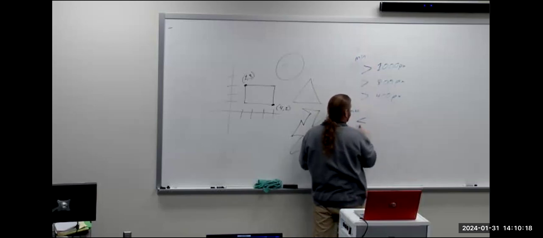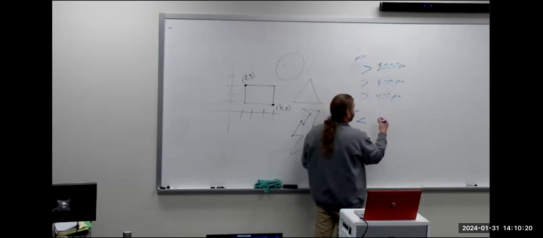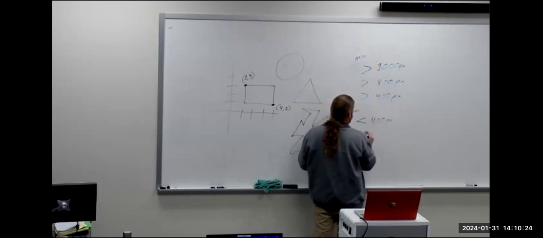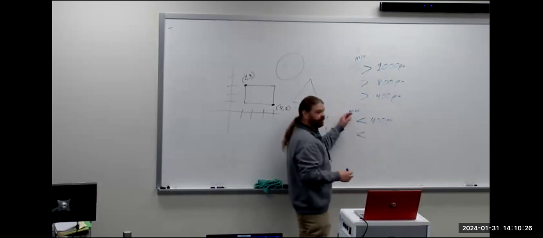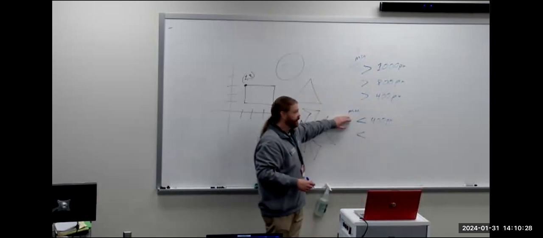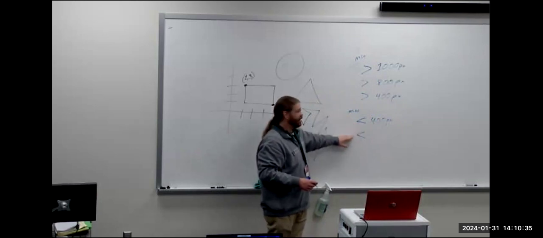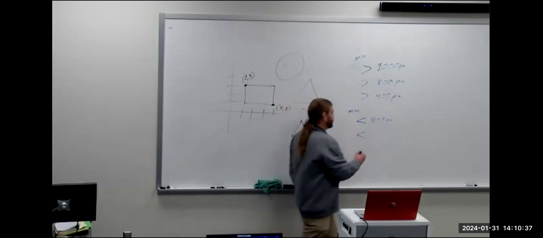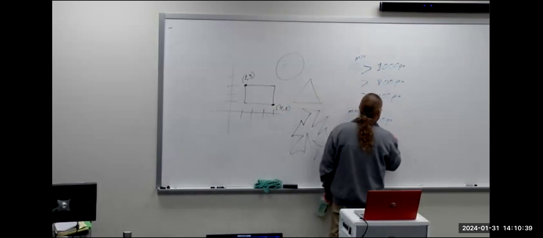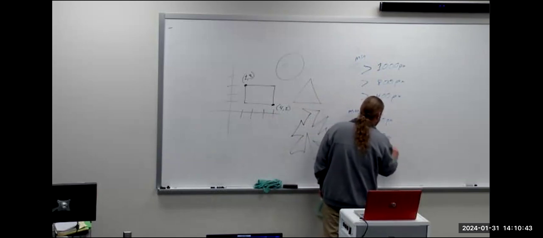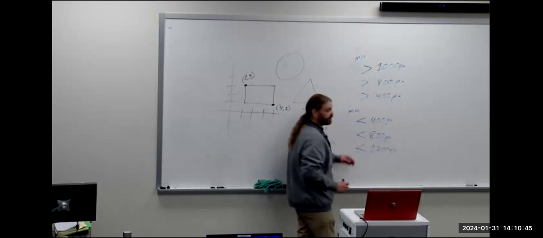And then max is, we're worried about when it's less than 400 pixels. And then going down a selection structure: is it less than 400 pixels? If it is, then do that size. Otherwise, go on to the next one. Is it less than 800 pixels? Is it less than 1200 pixels? And whatever numbers we're using.